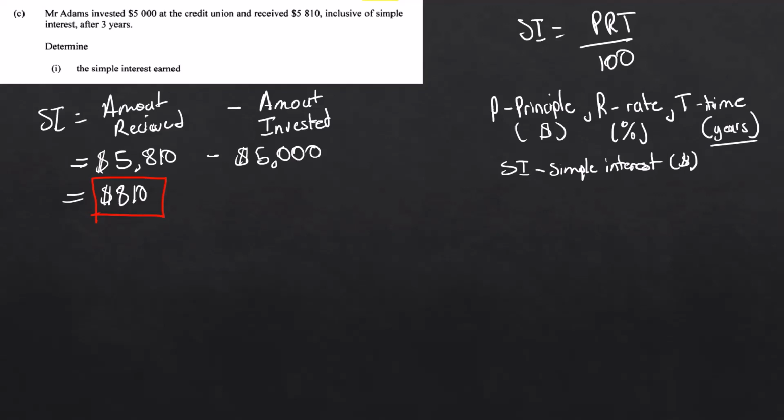Nope, that's the simple interest. Remember, simple interest is the interest that he made. How much extra did he make off of lending you that money? How much money he lent you is the principal. So the principal is always the amount of money loaned. That's the amount of money you lend me.